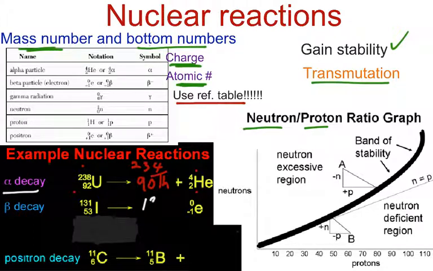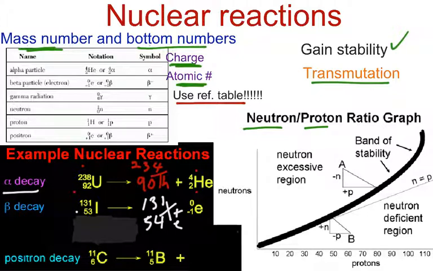We have 53 on the bottom for iodine, so what plus -1 gives us 53? That would be 54. So we look at our reference tables, and 54 gets us Xe. Xenon is our missing piece in that problem, and we move on.